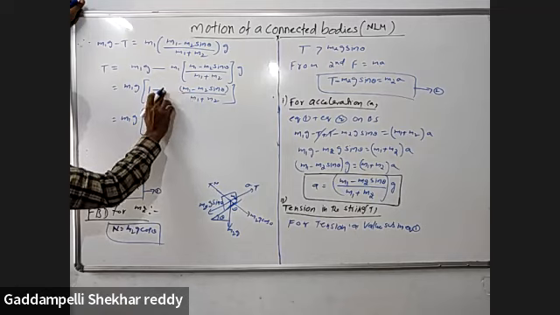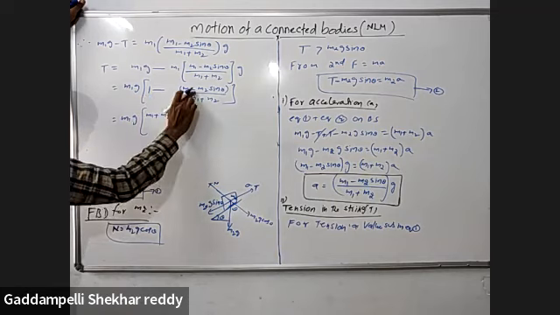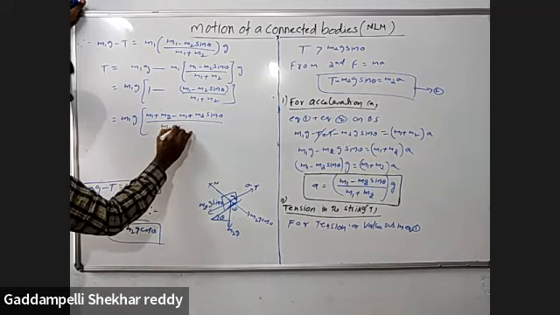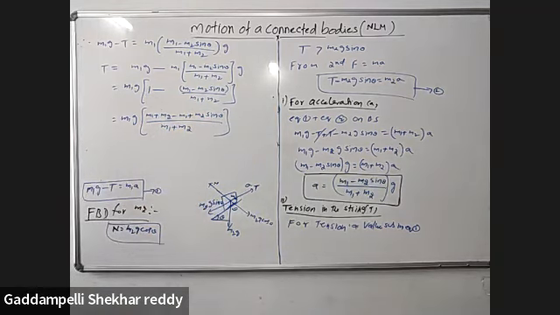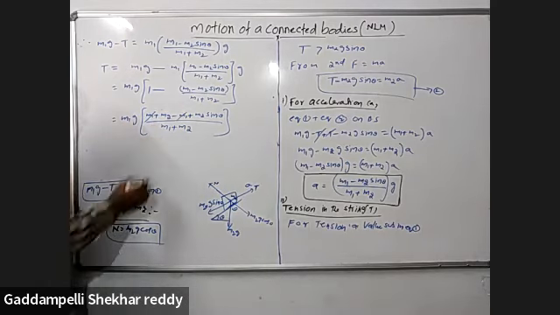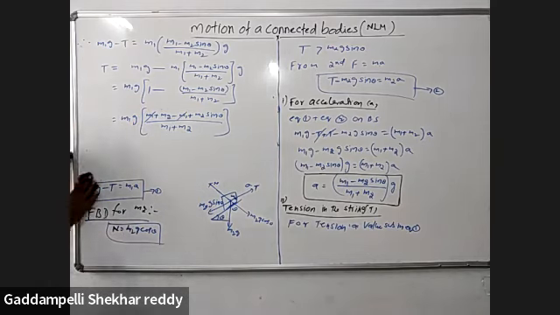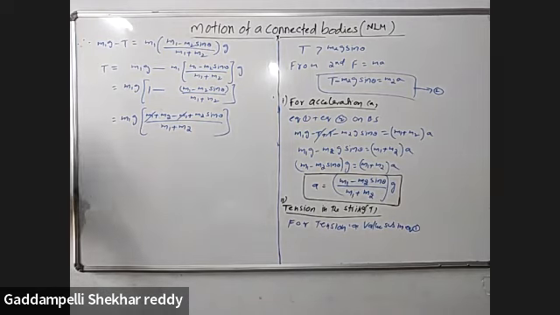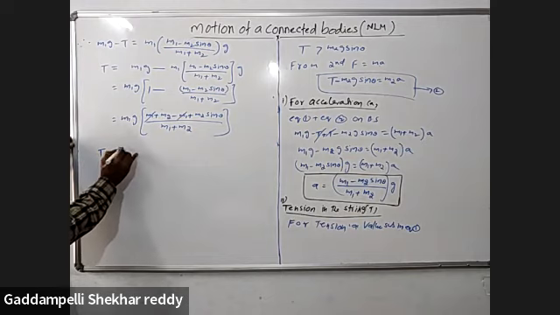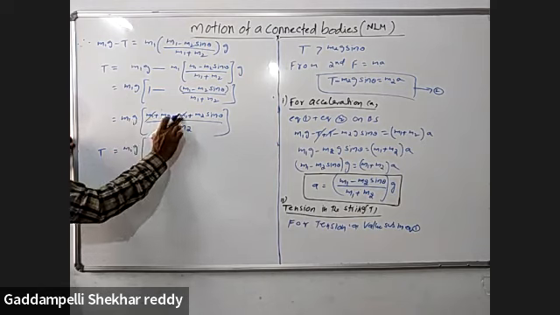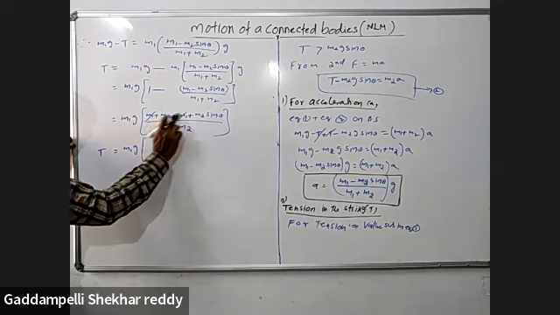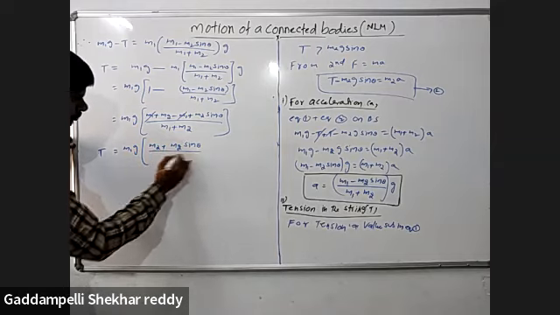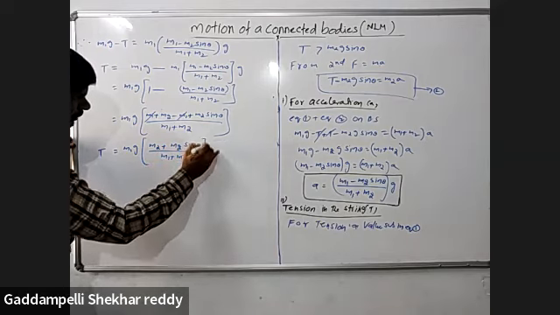Removing the bracket, plus M1 and minus M1 get cancelled, leaving M2 plus M2 sin theta over M1 plus M2.